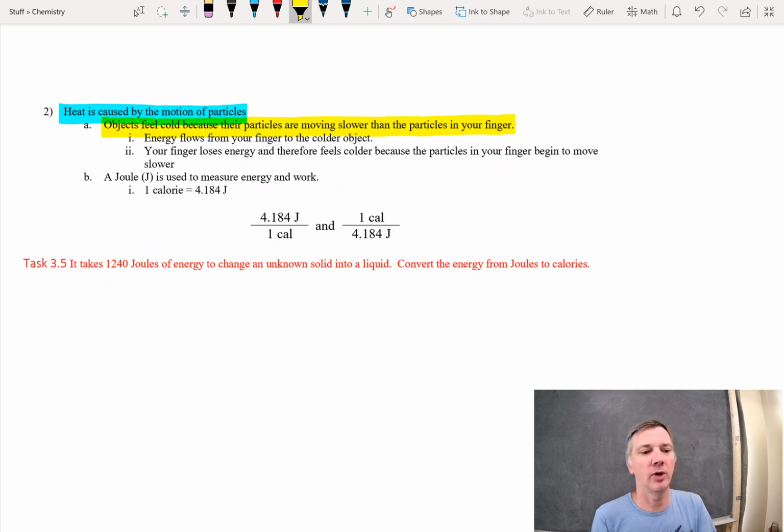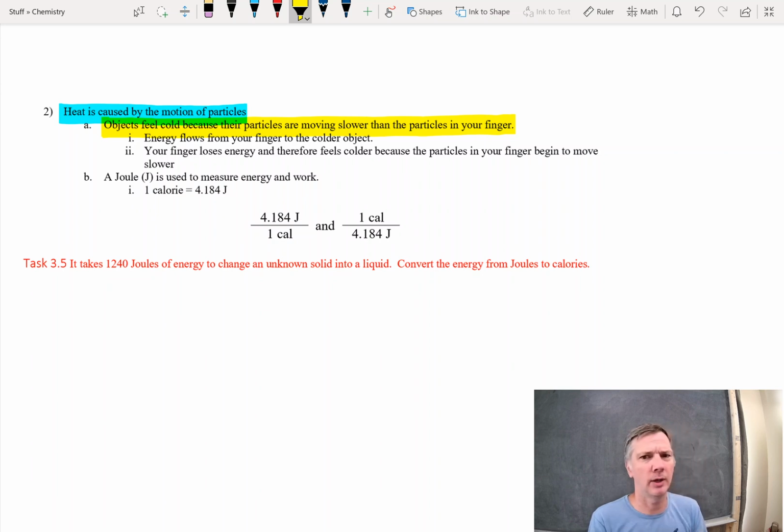So if I were to touch this glass of ice cold water with my finger, the ice cold water is moving slower. And as a result, my finger loses energy to the water. Since my finger is losing energy, my finger feels cold. Why? Because now the particles in my finger are moving slower. If they were moving faster, they would feel hot.